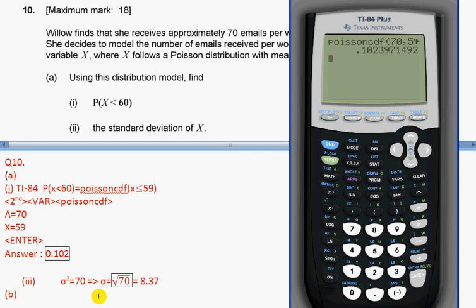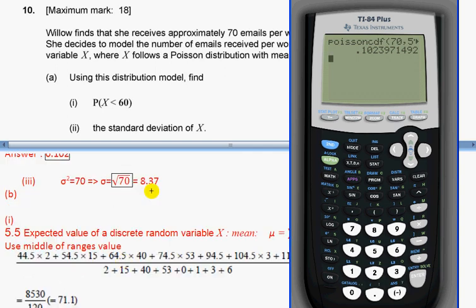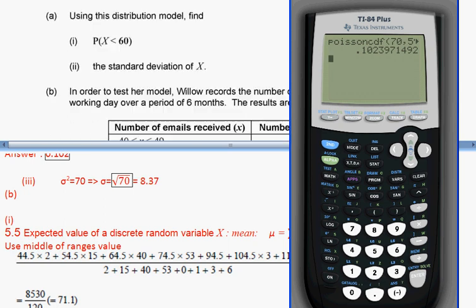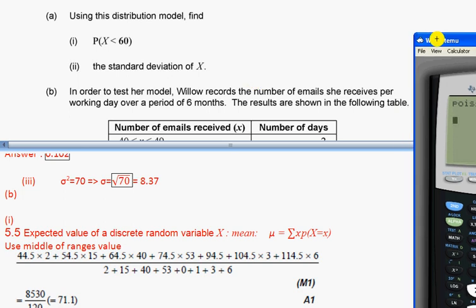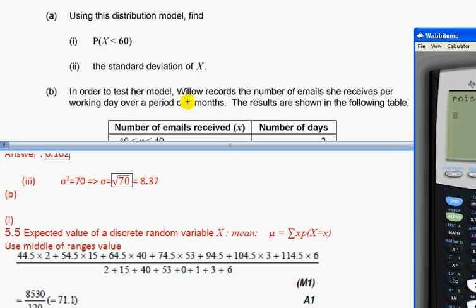In order to test her model, we will record the number of emails she receives per working day over a period of 6 months. The results are shown in the following table. From the table, calculate the estimate of mean number of emails received per working day. So two methods.